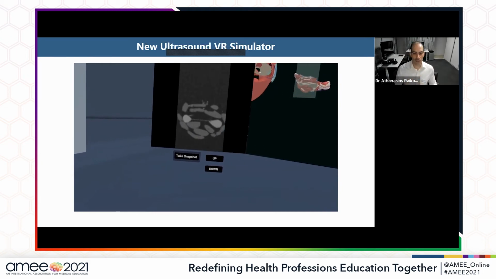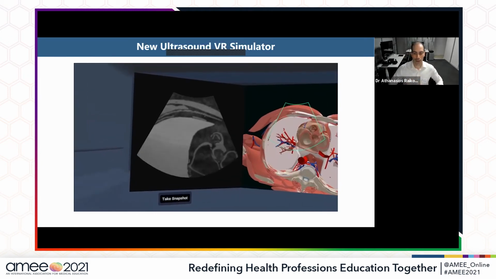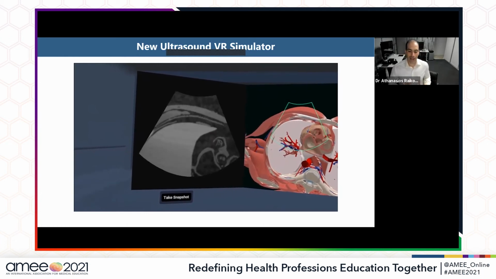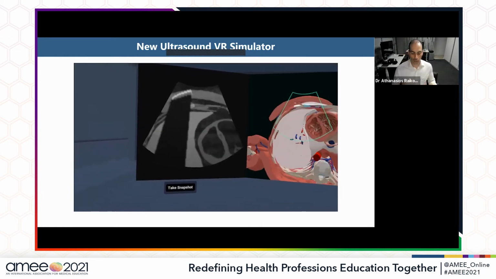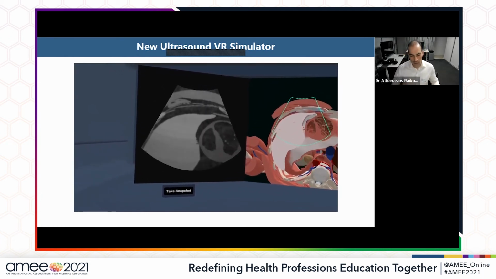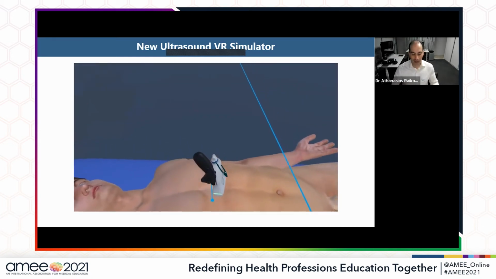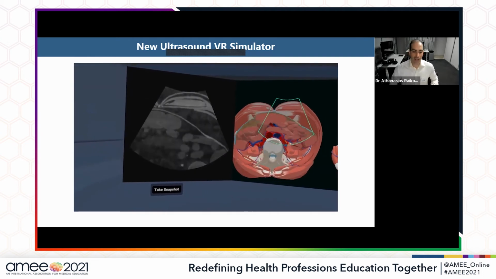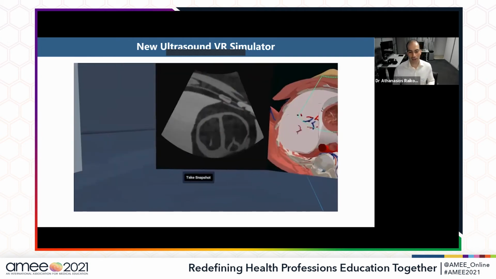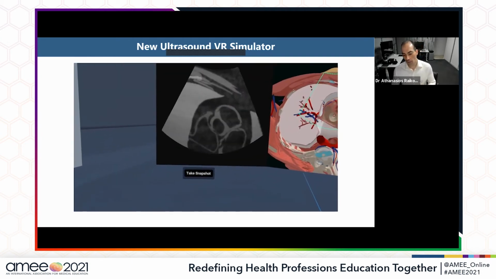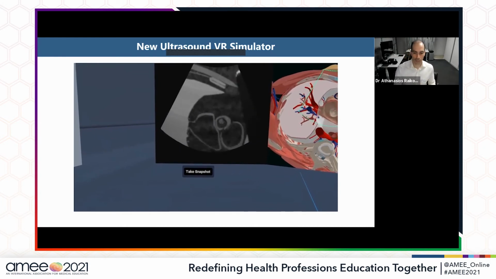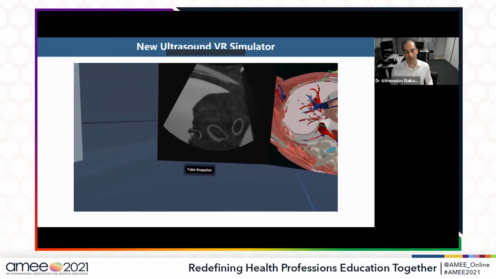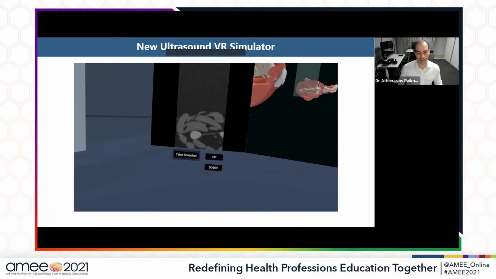It's very easy to use and helps release students' capacity to identify and explore by themselves. It helps them to identify the structures without any fear that they're going to injure someone or cause any pain to a patient, because everything uses a virtual reality headset.